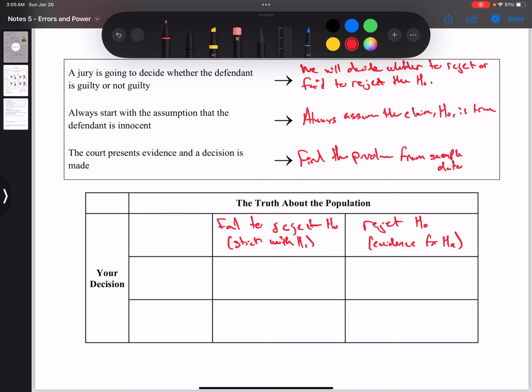And then our decision, after we've run through the numbers, is that we can either reject the null hypothesis, which means we found evidence for our alternative, or we can fail to reject the null hypothesis, which again means we're sticking with the null.